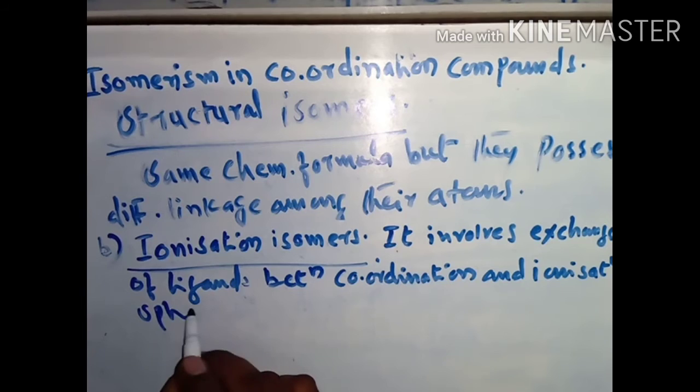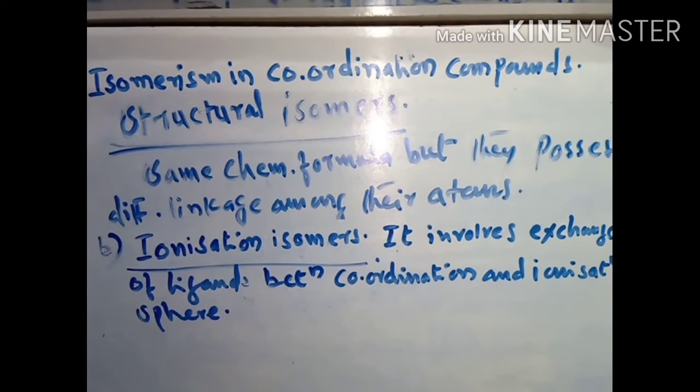That is the definition of ionization isomers. Now we shall try to understand by the example.